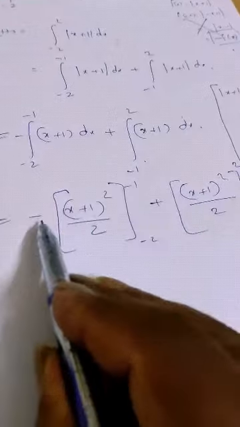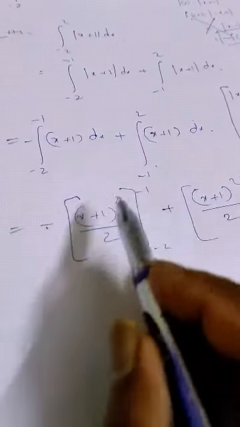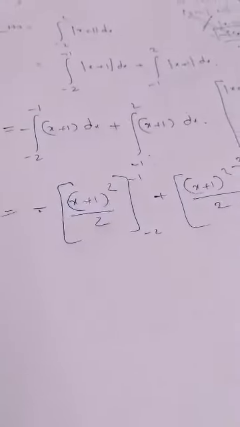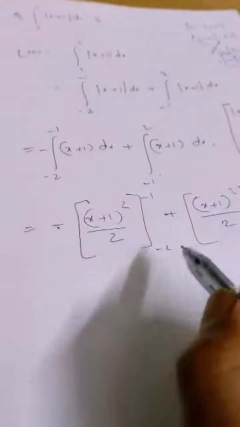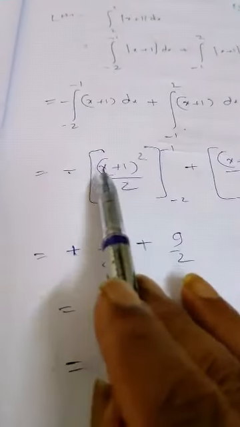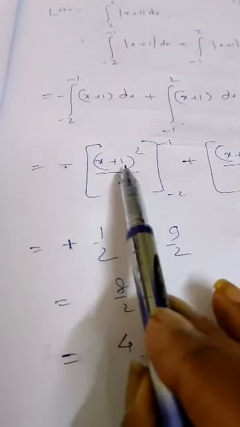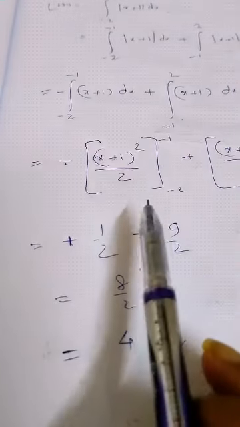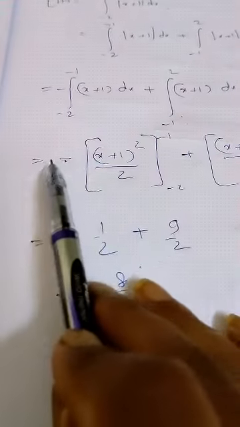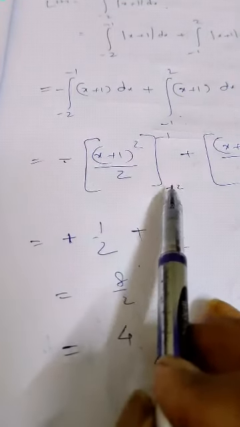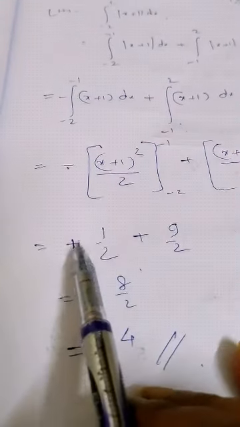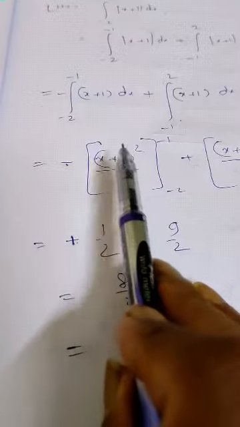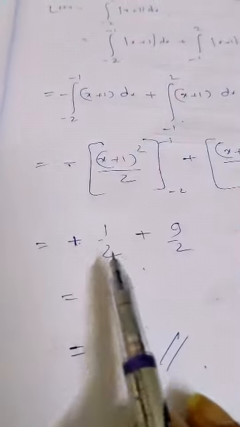Then put minus 2, but there is a minus outside, so minus, minus becomes plus. Minus 2 plus 1 is minus 1, and 1 square is 1, so this one will be 1 by 2.